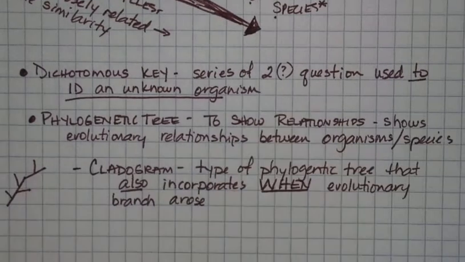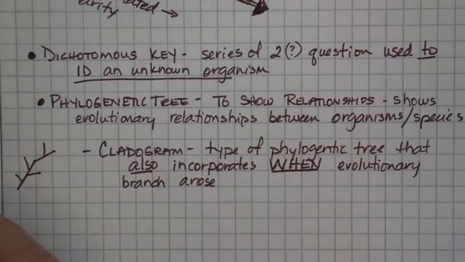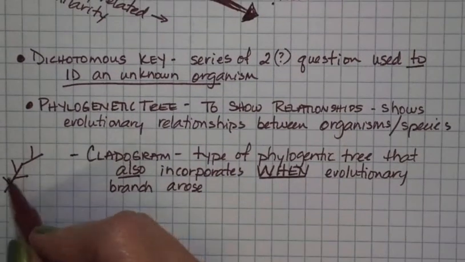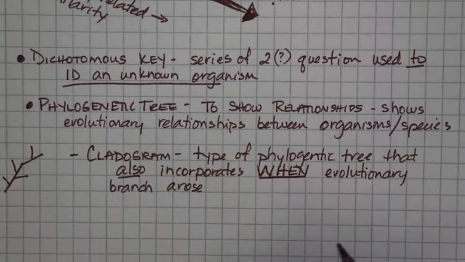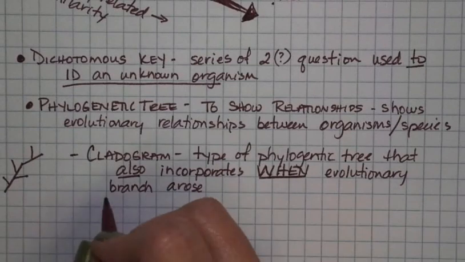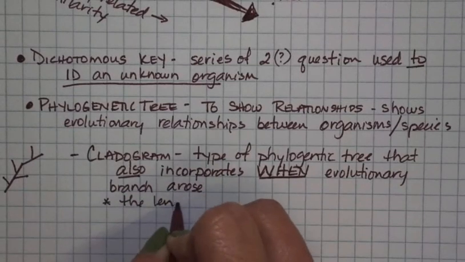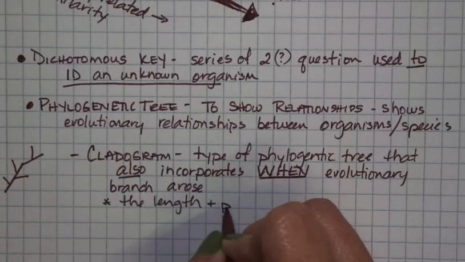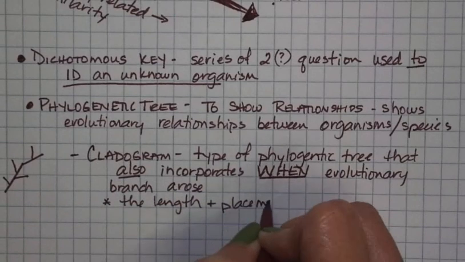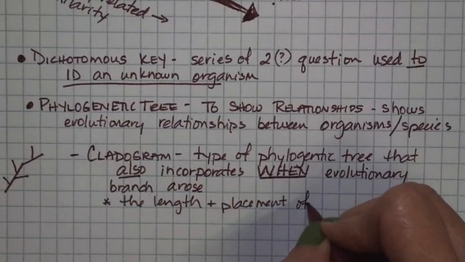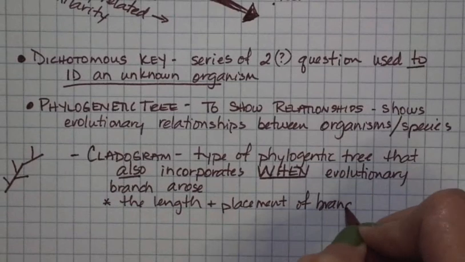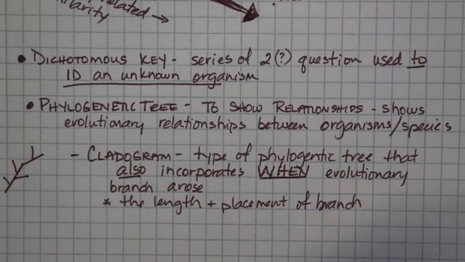The length of the branch and placement is equivalent to when that group evolved. Let's say it this way, it shows when the group evolved.